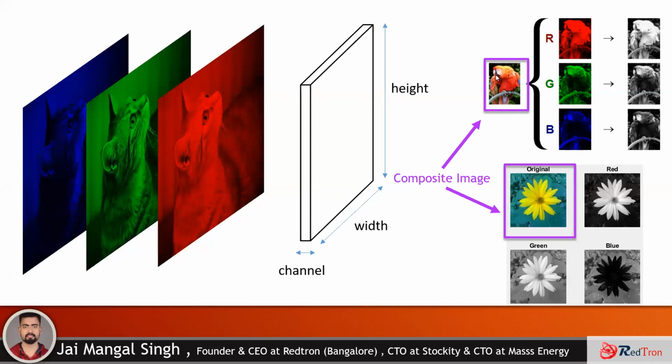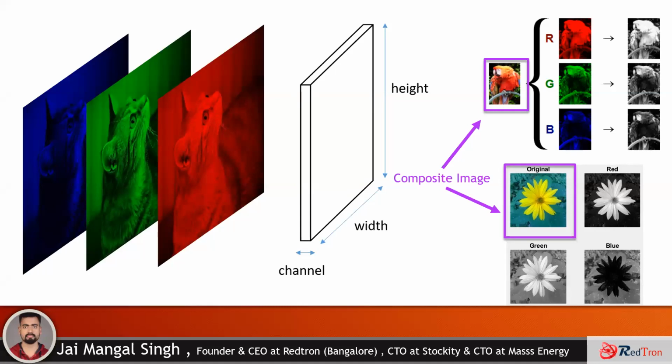Basically, whatever image we pass in MATLAB or in any computer programming language, that image is called a composite image. Why composite image? Because composite means it is a sandwich of more than one type of layers. And here we know that any color we can form through the combination of 3 primary colors, that is red, green, and blue.